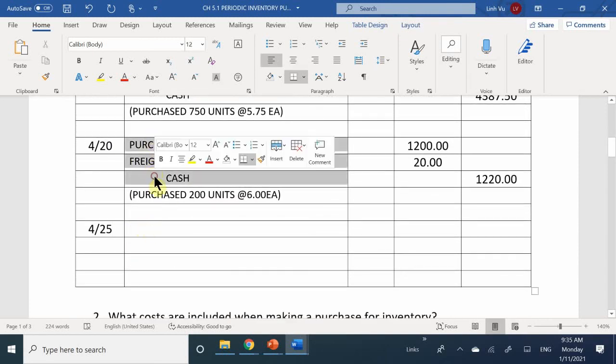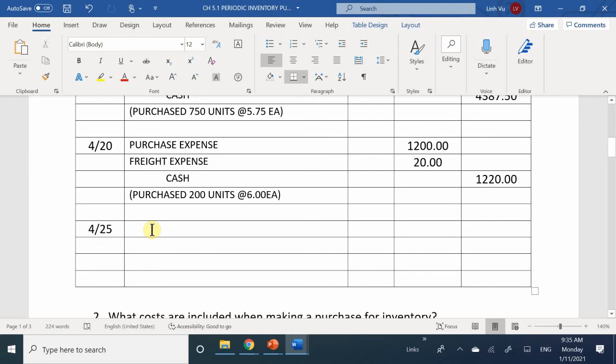And how am I going to journalize my transaction here? Purchase expense, freight, cash, and purchase expense is 3,125. How much is my freight?